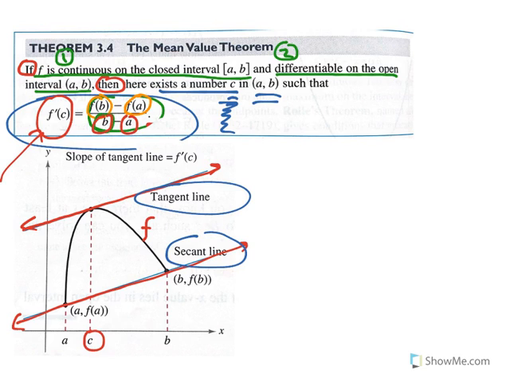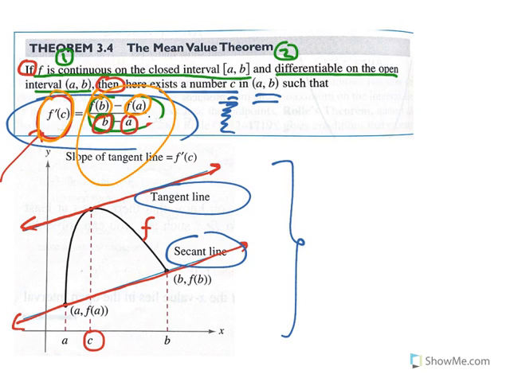So this is the graphical interpretation of the mean value theorem: there is at least one tangent line having the same slope as the secant line passing through the two endpoints. Now, you can also interpret the mean value theorem in the context of a word problem. The right side of the equation would give you an average rate of change, and the left side of the equation would give you an instantaneous rate of change.